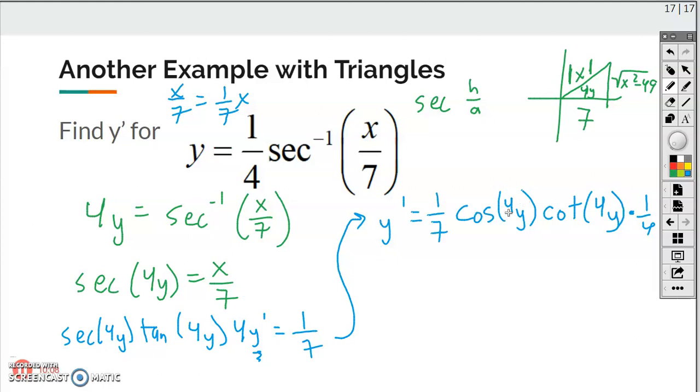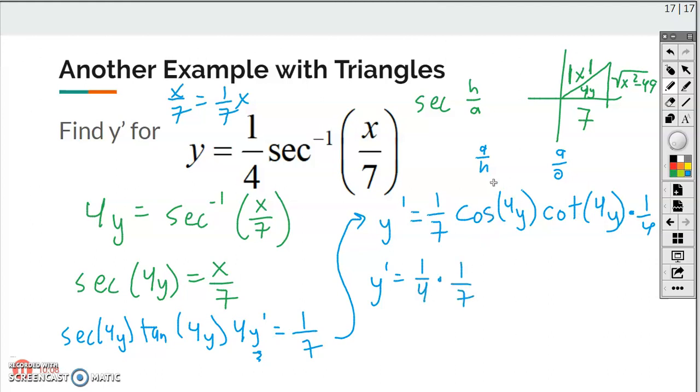Now, we can't just leave it like this. We need to figure out the ratio for cosine of 4y and cotangent of 4y. Cosine is adjacent over hypotenuse. Cotangent would be adjacent over opposite. So I'm going to move this 1/4 out front. 1/4 times 1/7.